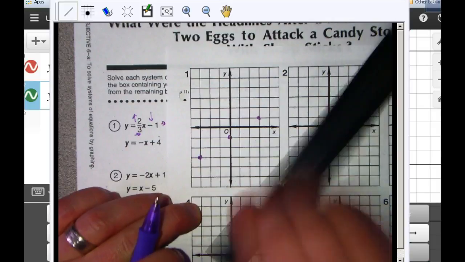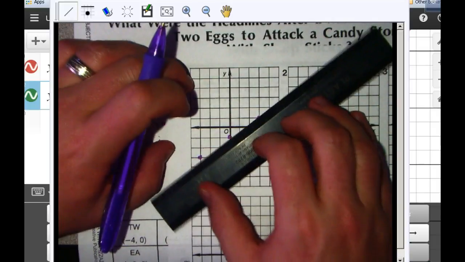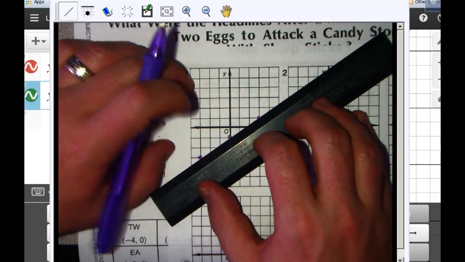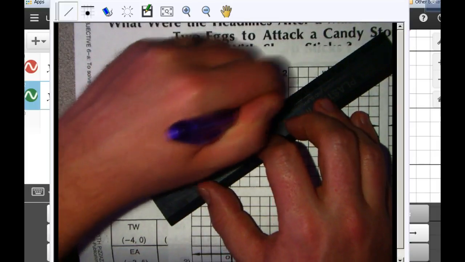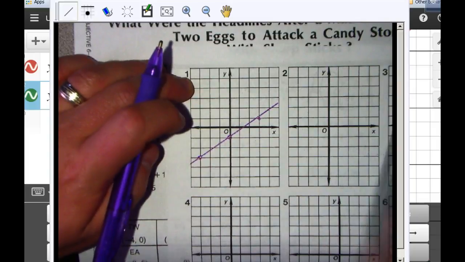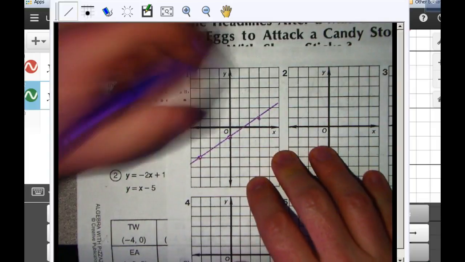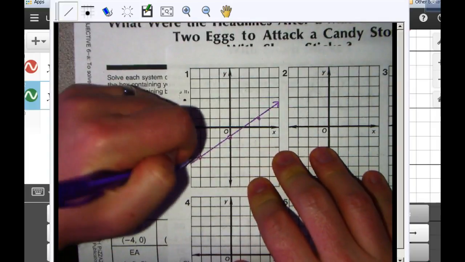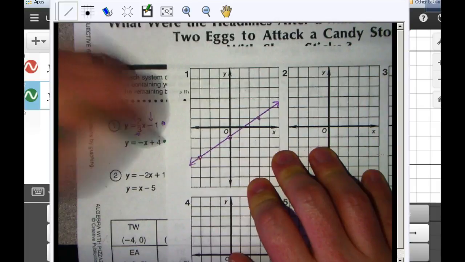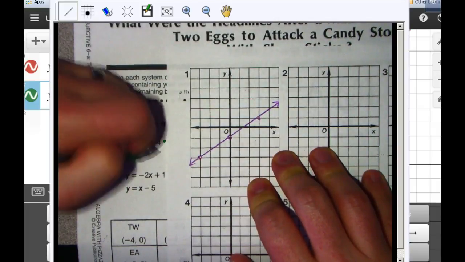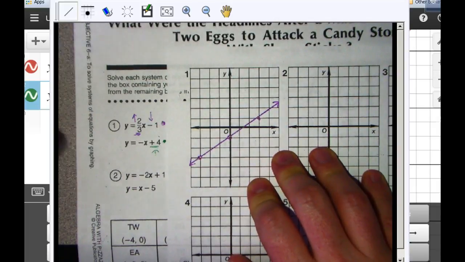Now, since the answer is where these intersect, it's useful to maybe fold the paper and have a straight line, because if you don't have straight lines, they may not intersect where they're supposed to. So it's assuming that the lines are straight, and where they intersect would be the correct answer. And then I'm going to do the second one in green. So this one starts at, let's see here, 4. That's where it begins.